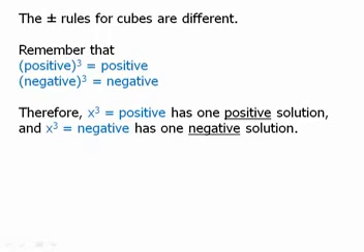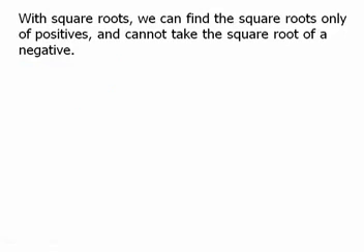So you don't get the problem of double roots in one case and no solution in another case, as we got for squaring. With square roots, we can find the square root only of positives. Of course, we could also find the square root of 0, but we cannot take the square root of a negative. Okay, so for much the same reason, just as we can't square something and get a negative, we can't take the square root of a negative.